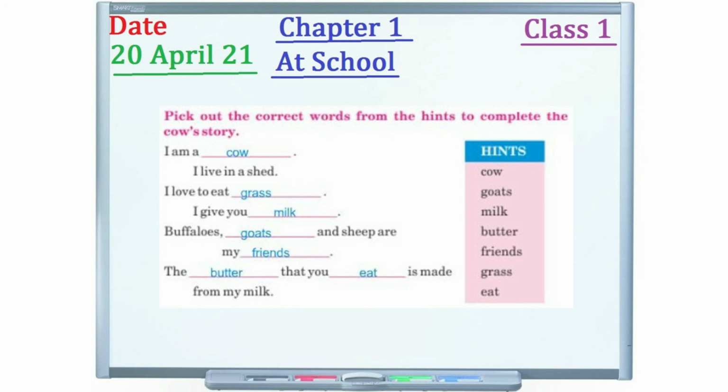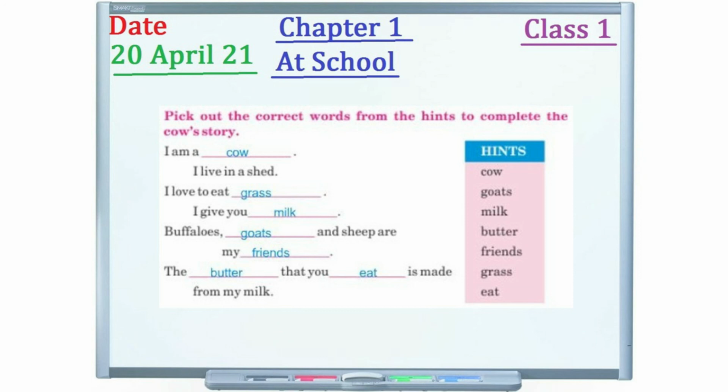I am a cow. I live in a shed. I love to eat what? Grass. I give you what? Milk. Buffaloes, goats and sheep are my friends.